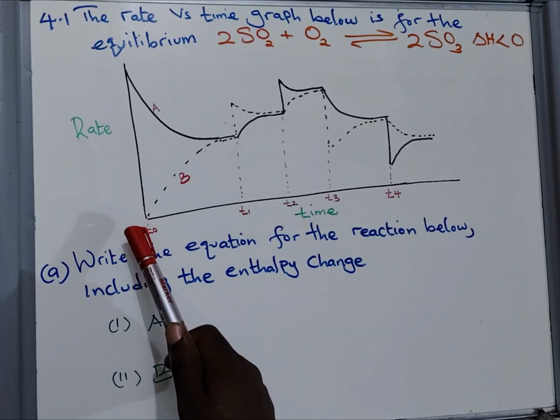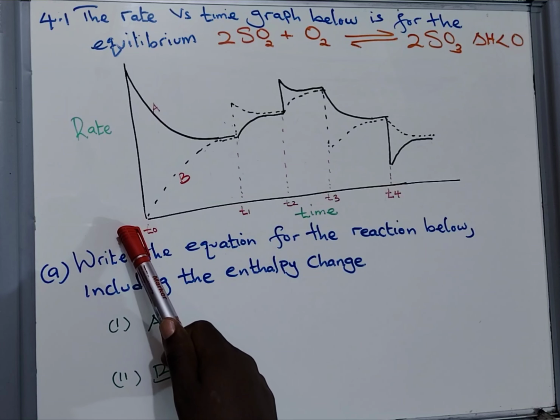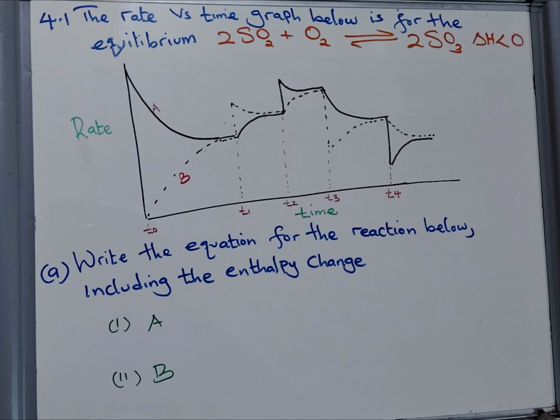Because reaction B starts from 0. 0 implies that there was no product at the start of the reaction. So what is reaction A? Reaction A is forward. And what is the forward reaction for this equilibrium? It is as it is.